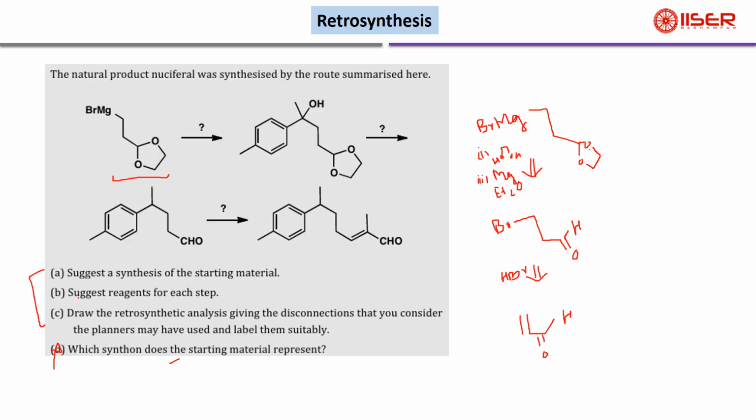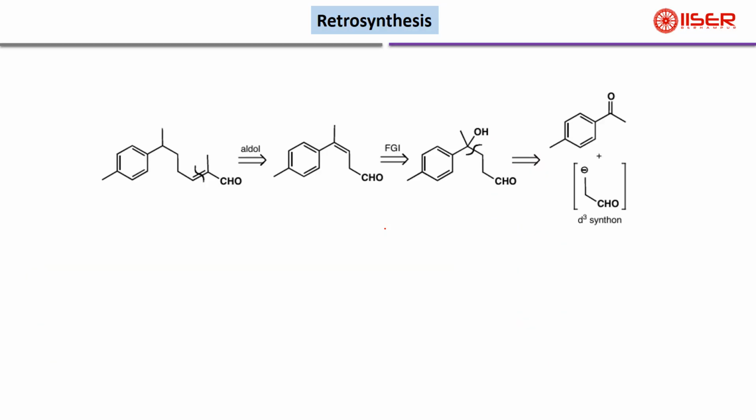The next step is to suggest the reagent for each step. So to get an idea about the reagent, we have to get a retrosynthesis of this compound. So this is the retrosynthesis of this compound. If you just cut from this place, an aldol reaction can give us this compound.